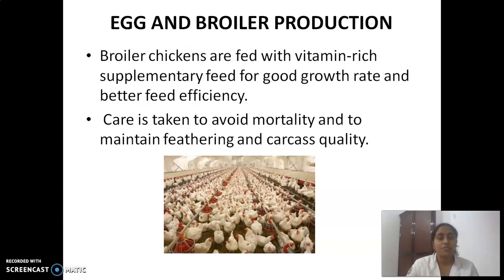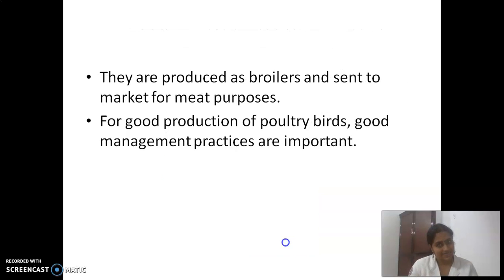So in the case of broiler chicken, the weight is more important. So care is taken to avoid mortality. Mortality means death rate. Okay, mortality and to maintain feathering and carcass quality.